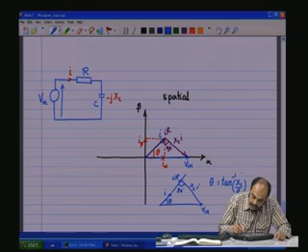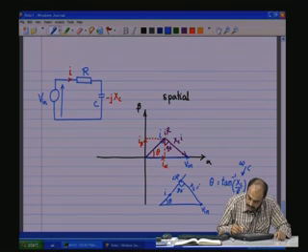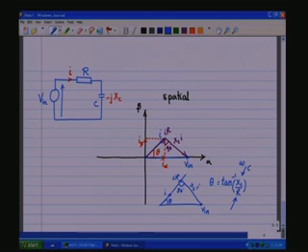Knowing the value of C, the value of omega, and the value of R, you can estimate the phase angle theta by which this vector is going to be displaced. Therefore, I know that the current is going to lead the voltage by this angle theta as decided by the frequency, the capacitance value and the resistance value. So, that is the importance of this space vector concept.